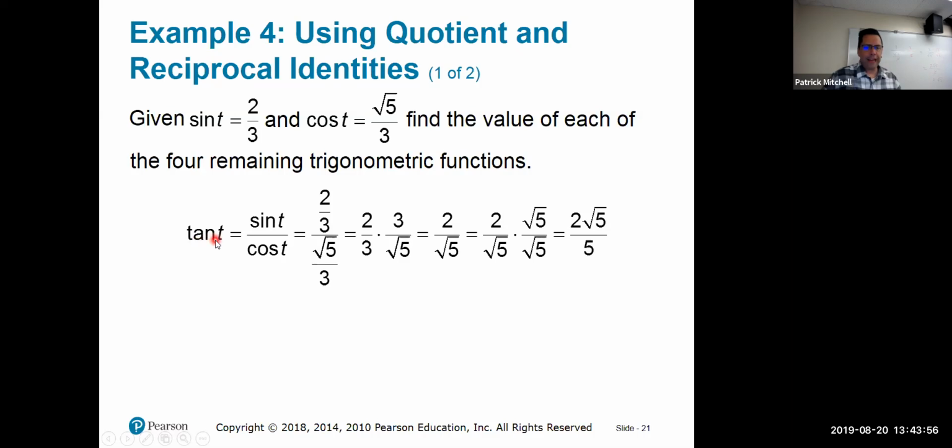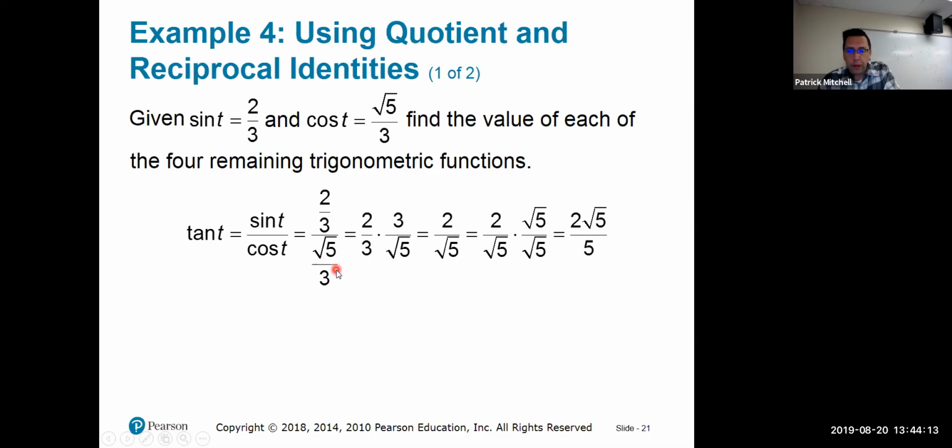The tangent of t, according to a quotient identity, is the sine of t divided by the cosine of t. They told me that the sine of t is 2/3. The cosine of t is root 5 over 3. So now we're just cleaning it up.